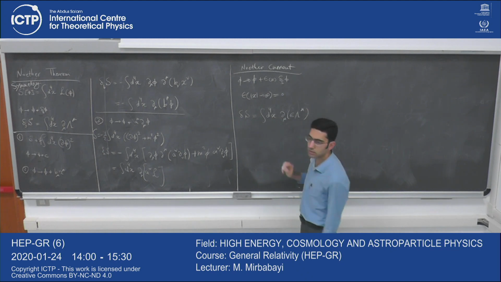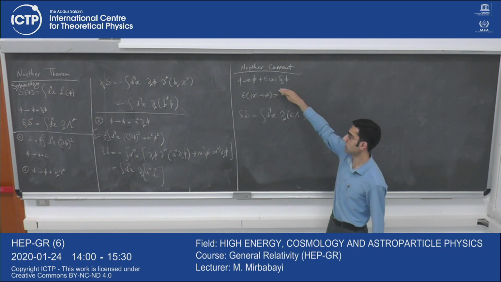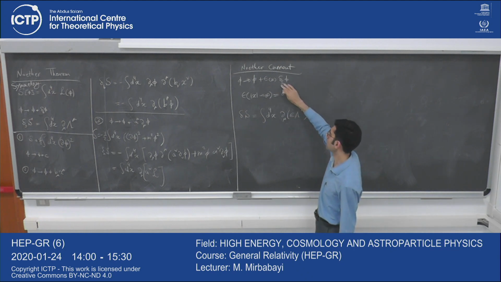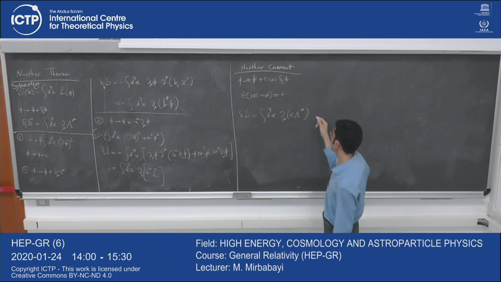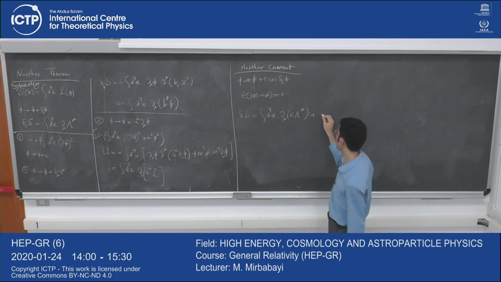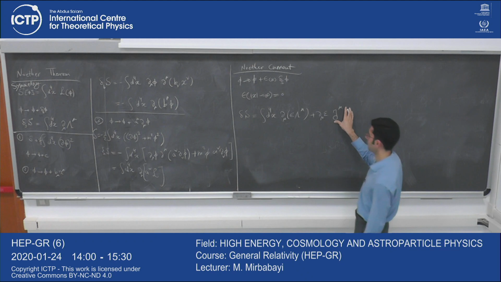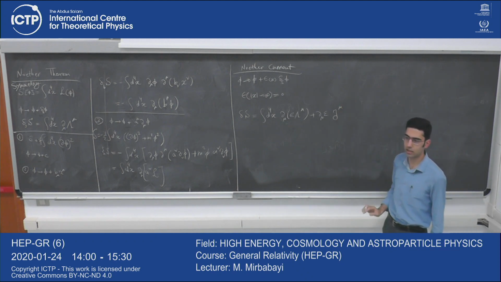But there will be another term, because now I have changed the transformation. It's not the original symmetry transformation. This extra term has to be proportional to the derivative of epsilon. And the proportionality function, I will call it J mu.